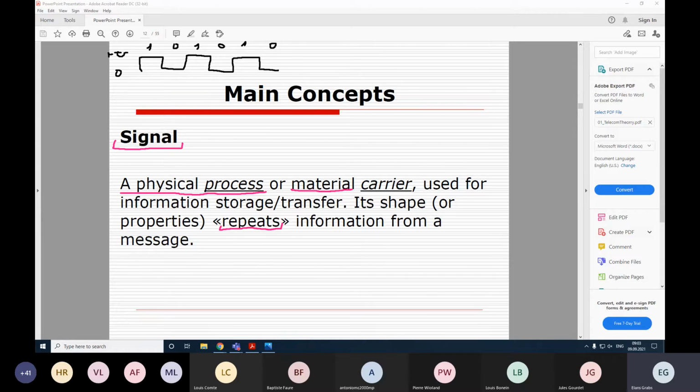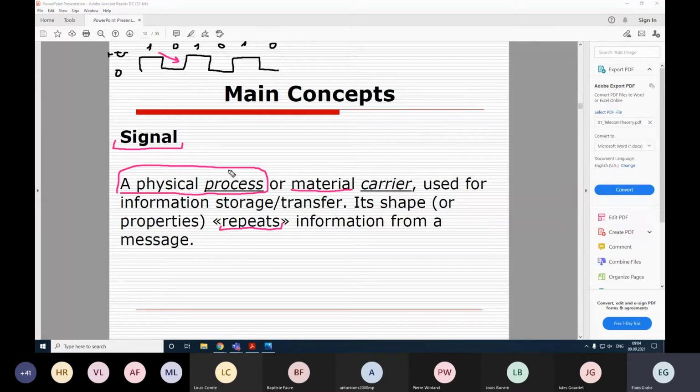So we put this message into this signal, which exists in our nature and can be worked with. This is how we come to working with information. From this perspective, paper can also be considered a sort of signal. But in our course, we will talk more about processes.